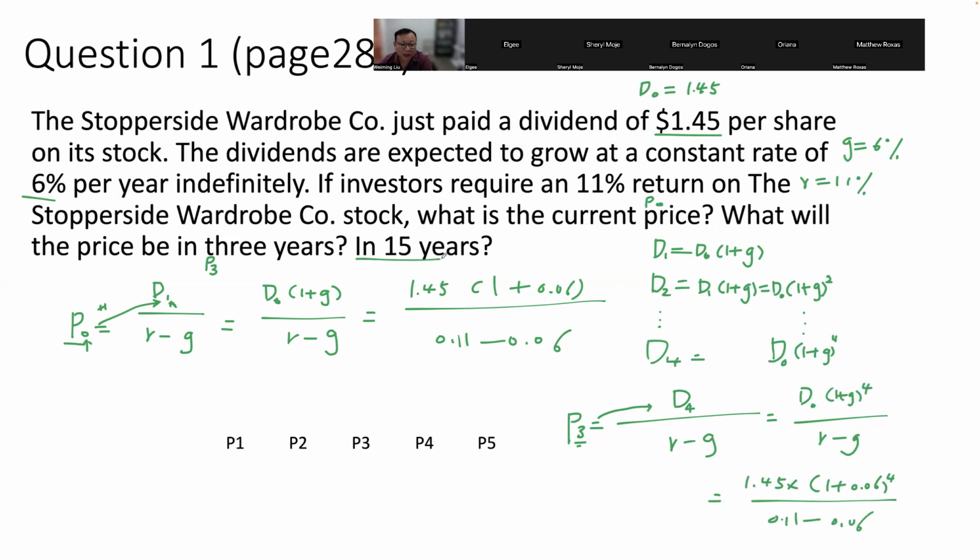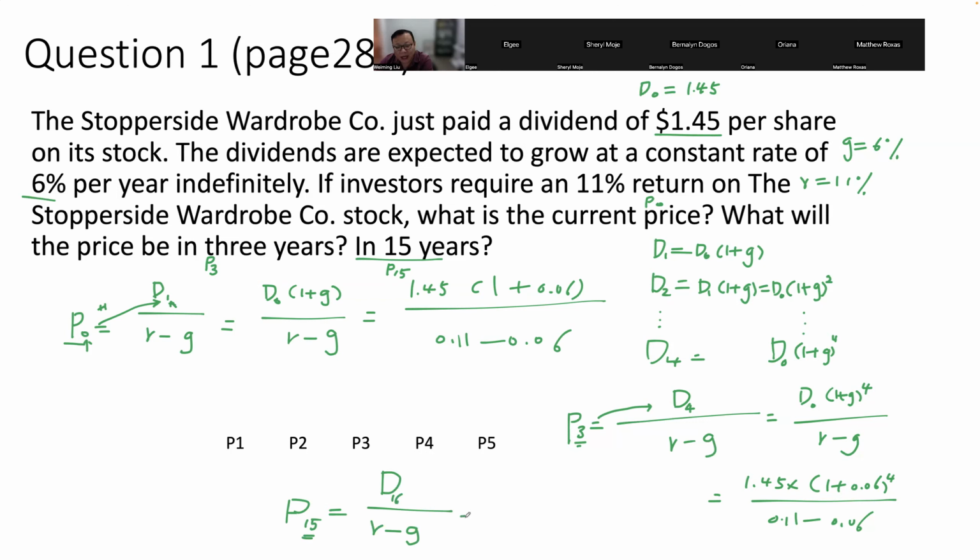And now they ask you, what about P15? P15 equals D something divided by R minus G. What is the subscript here? Here is P15, so what is this D? D16, thank you, Cheryl.